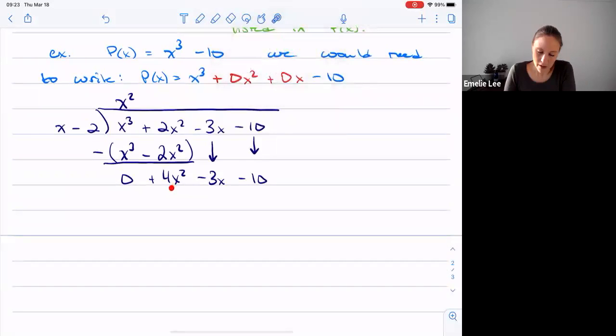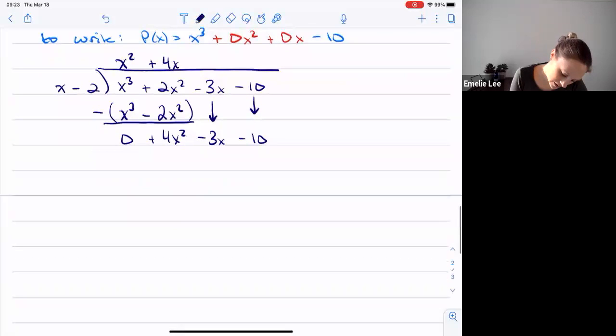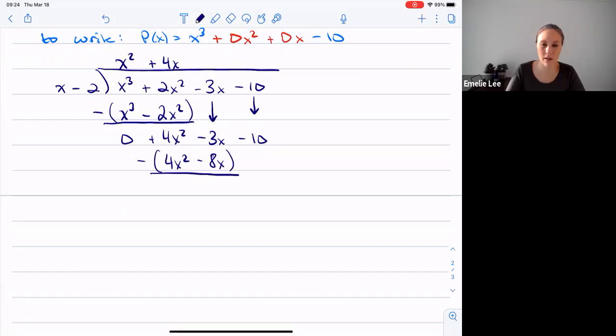Okay, 4x squared divided by x puts me at 4x, so here I'm at plus 4x. Notice that I stack them on top of the term that I was just dividing into. Then 4x times x minus 2 is 4x squared minus 8x, and that has to get subtracted.